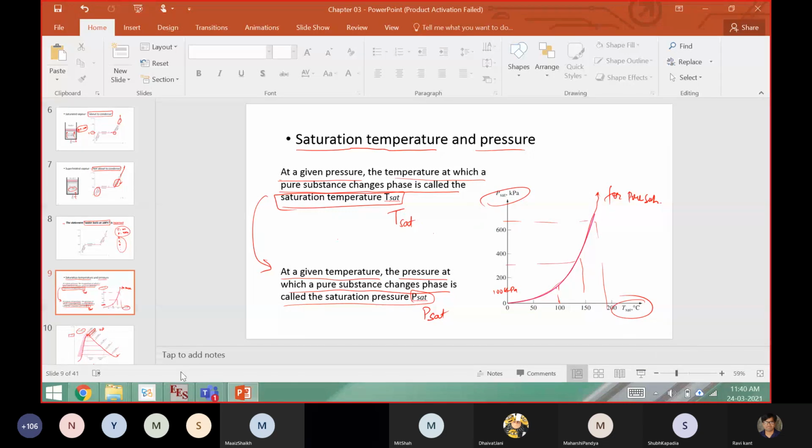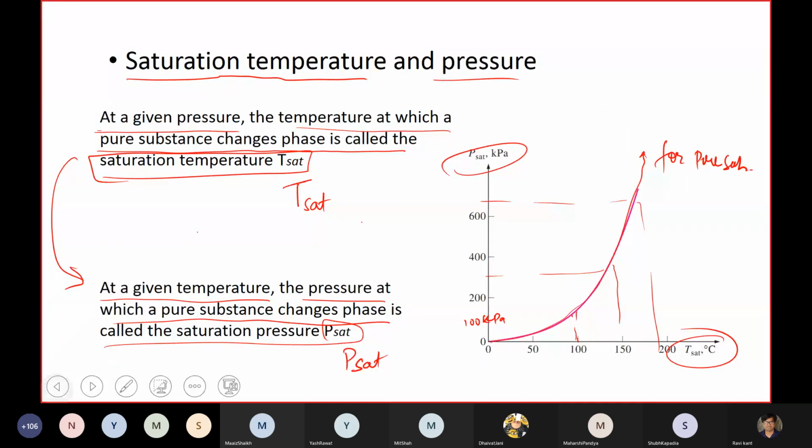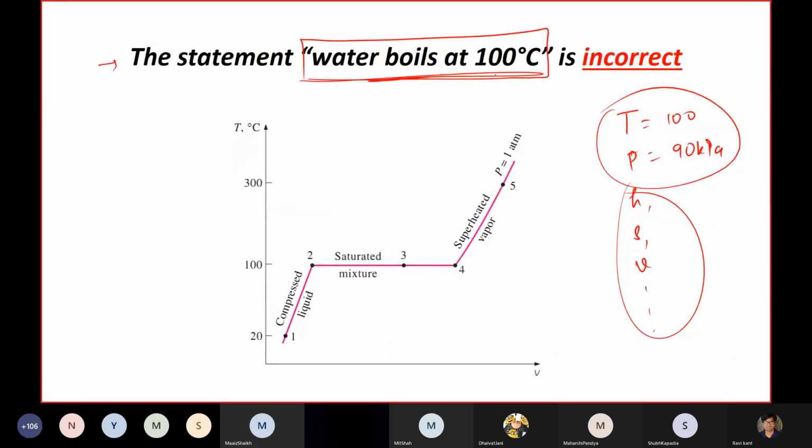So when I say that water boils at 100 degrees, this is an incorrect statement because you need to fix the state. You should have two quantities. You should say that at a pressure of 1 atm, water boils at 100 degrees C. Whenever the pressure is 2 atmospheres, you may not get the same scenario.